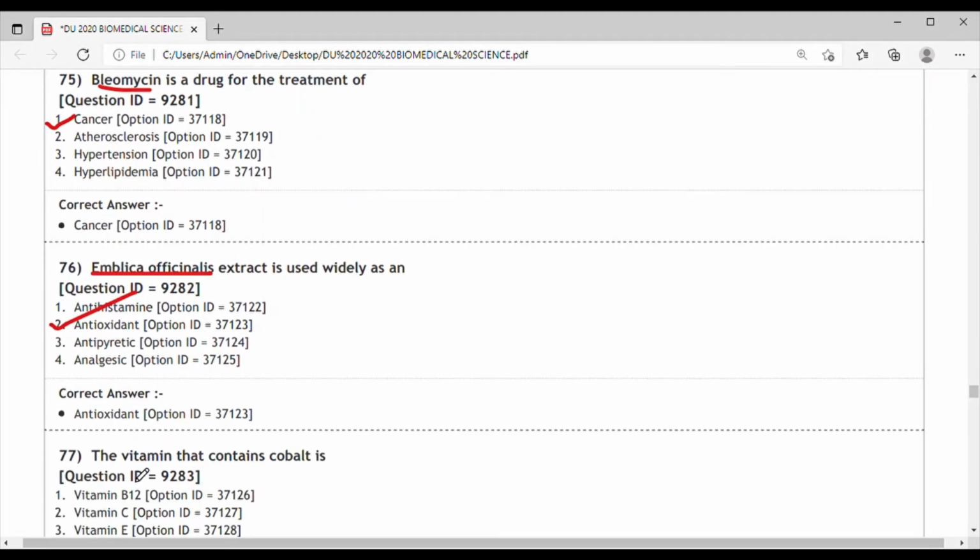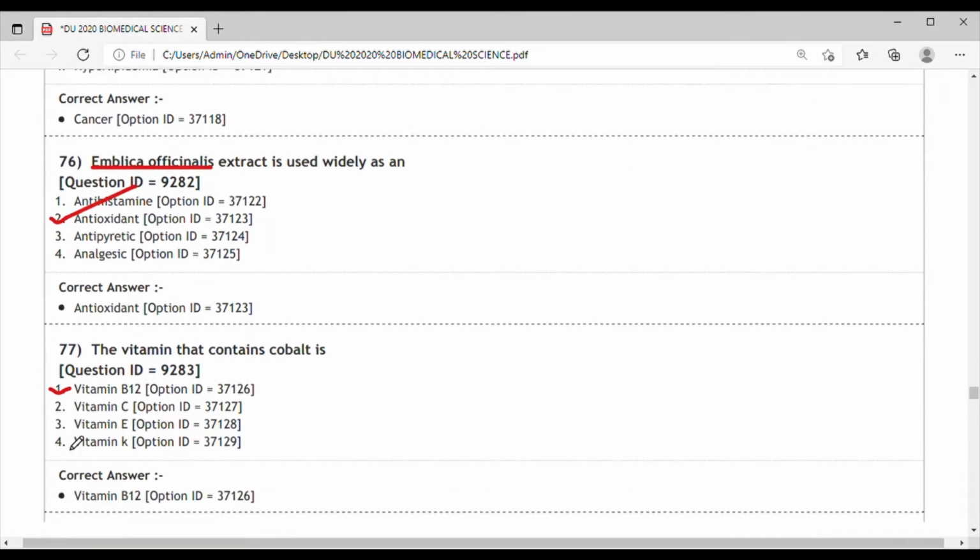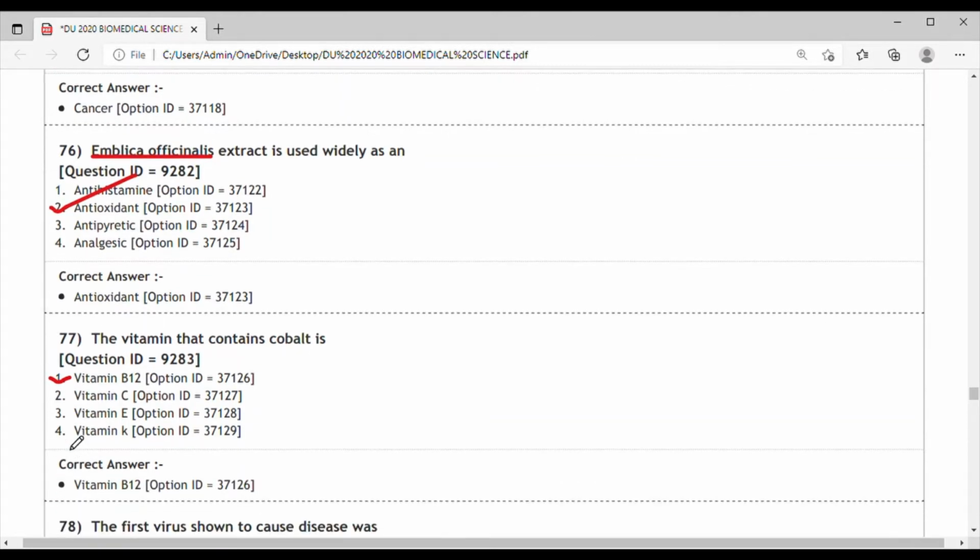Next question, question 77. The vitamin that contains the cobalt is, the cobalt is present in the vitamin B12. This vitamin B12 is obtained from the animal source. It cannot be obtained from the plant source. So the correct answer is the option 1, that is vitamin B12.